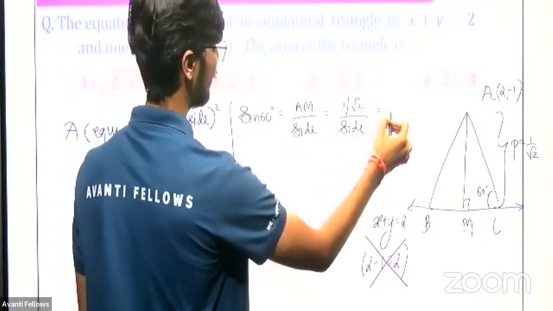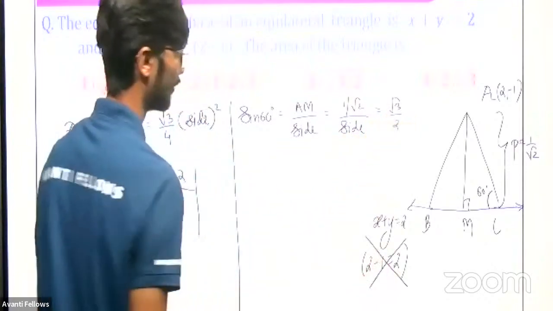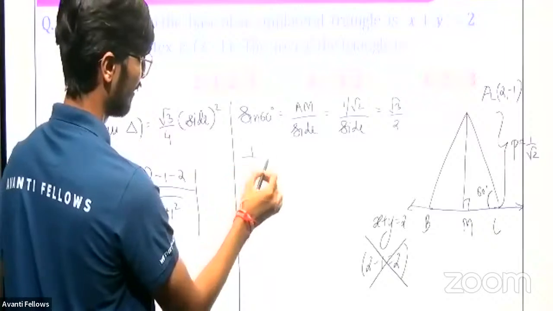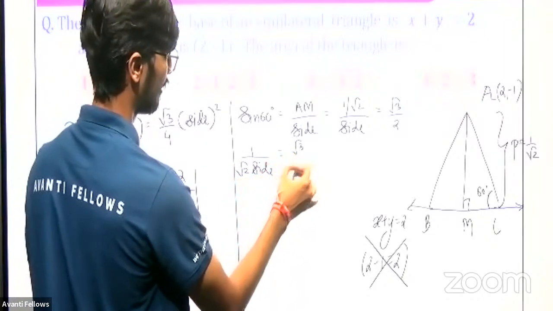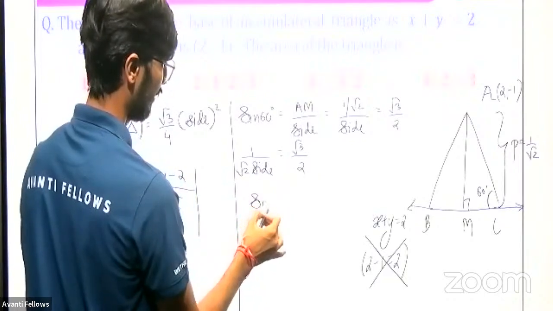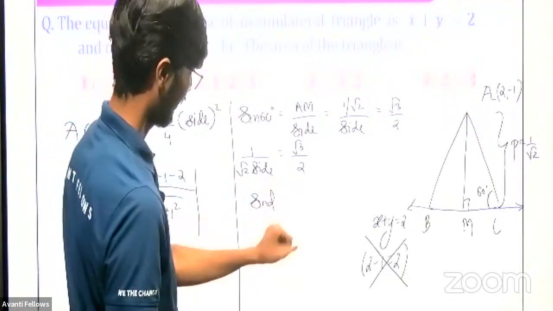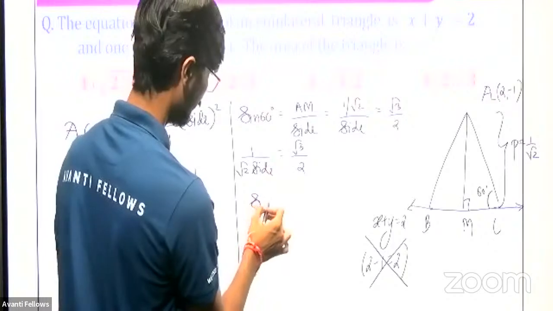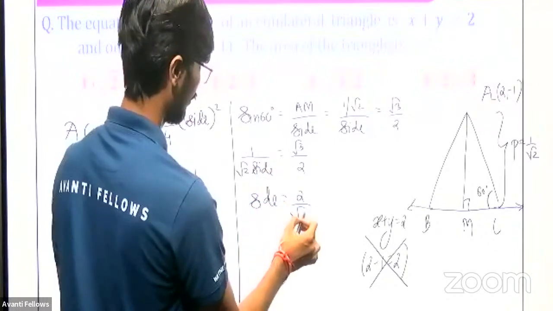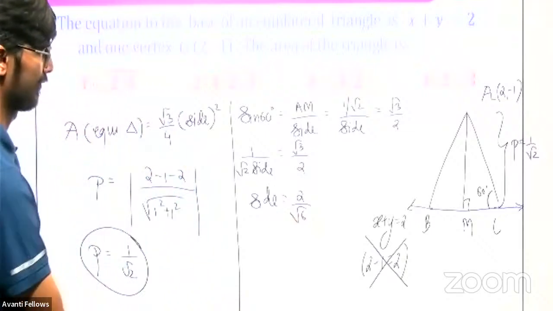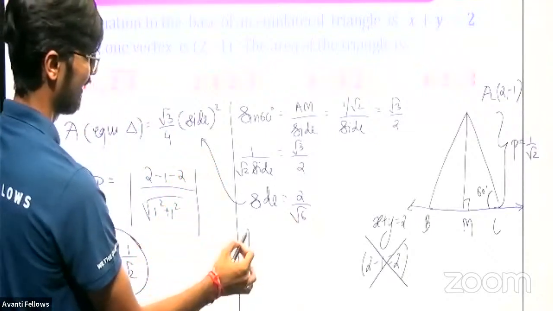What is sine 60? It is root 3 by 2. So that means 1 by root 2 into side is equals to root 3 by 2. So if I cross multiply, I'll get side. Side length is 2 by root 6. Let's substitute it here. So what will be the area?